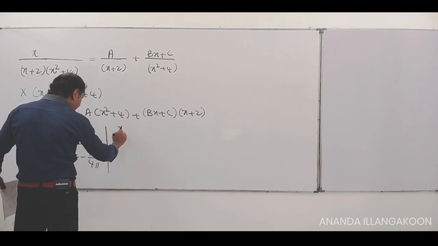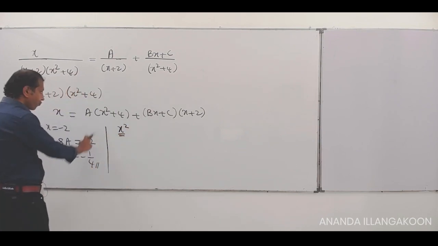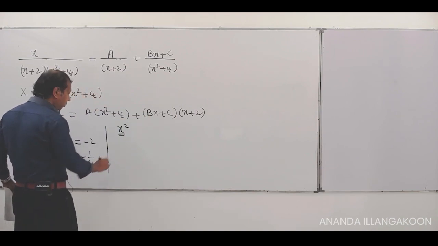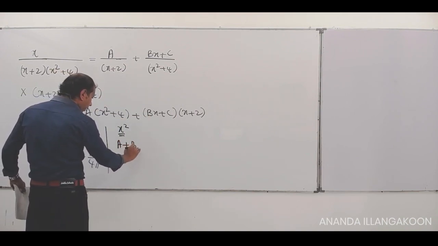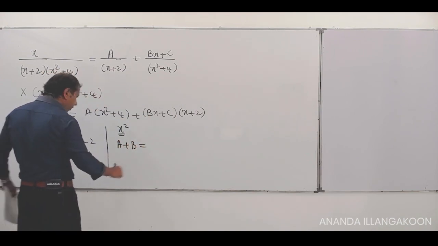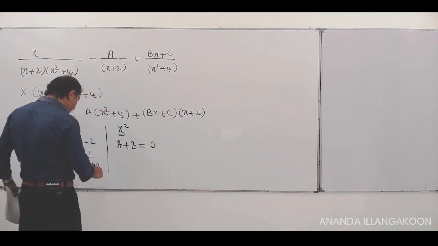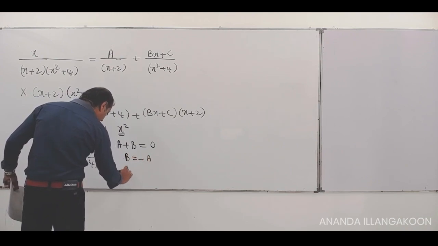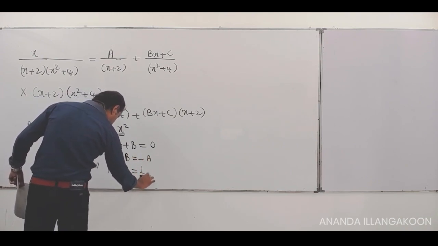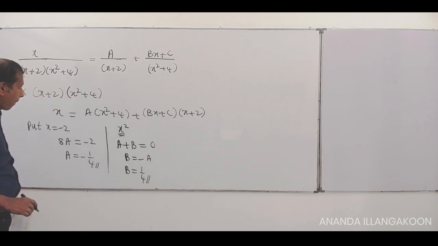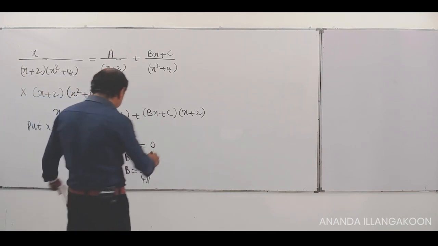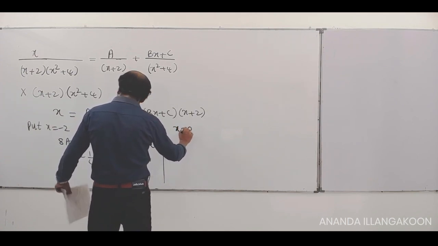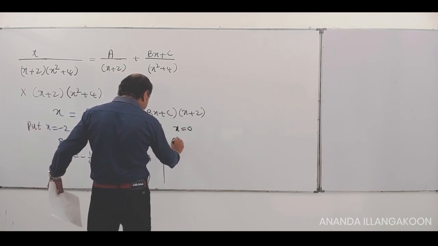Equate x squared coefficients on both sides. Here we get a. Here we get bx times x, bx squared. So a plus b. Left hand side we don't have an x squared term, so 0. Then b is equal to minus a. B equals 1 upon 4. Put x equals 0 next. Left hand side 0.